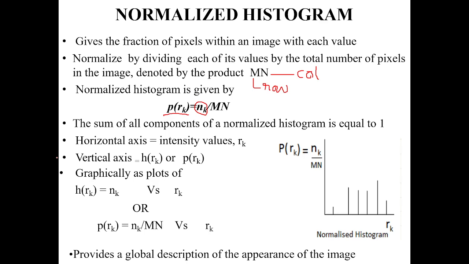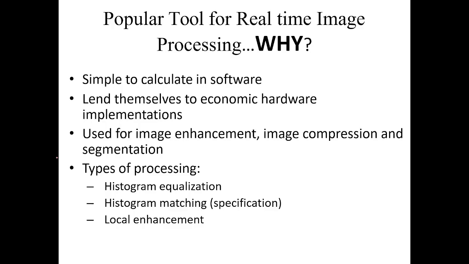This is what we call normalization. It is a very popular tool, used in histogram equalization methods to enhance an image, to compress an image, or for segmentation of an image.